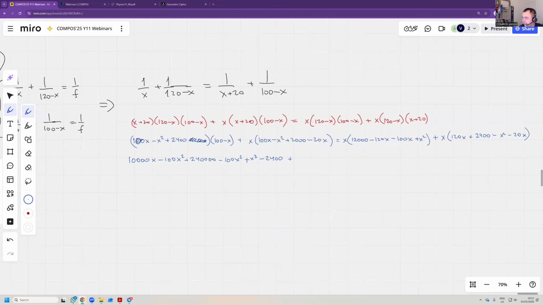But yes, I do have an answer, and the answer is 29.2. So for the focal point, the answer: the focal length is 29.2 centimeters.